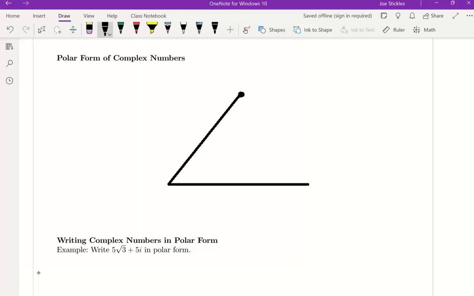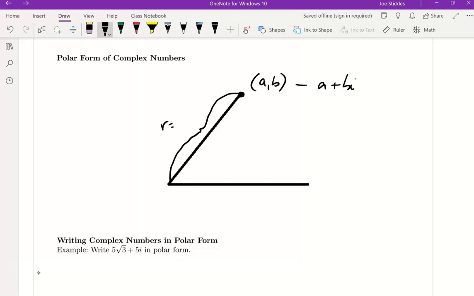If I have this point, I'll call it A comma B, which corresponds to your A plus BI. Then this distance is the same as your R value, correct? That we did back in when we talked about converting to polar.